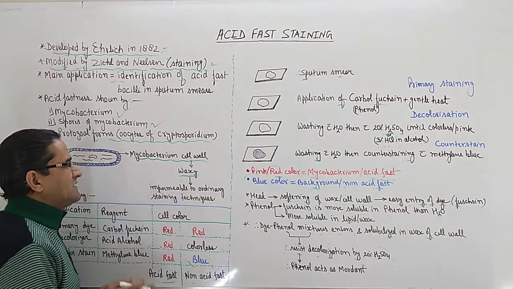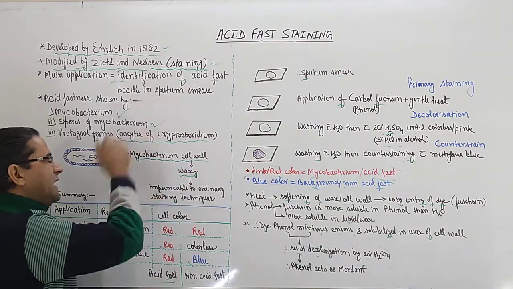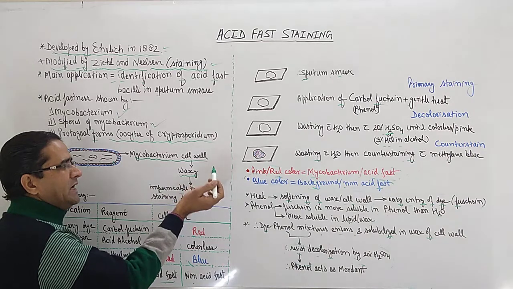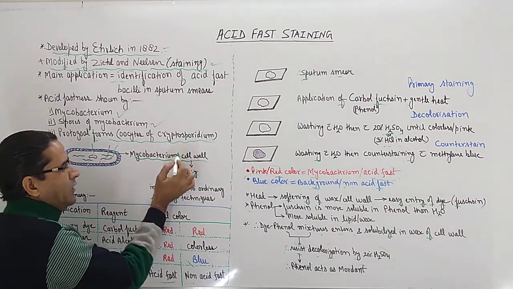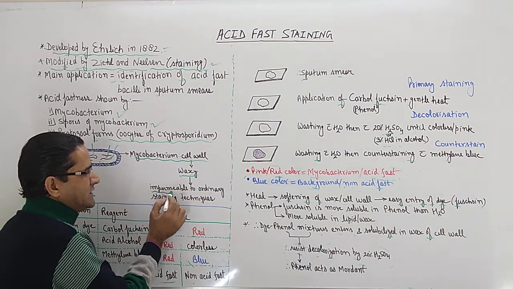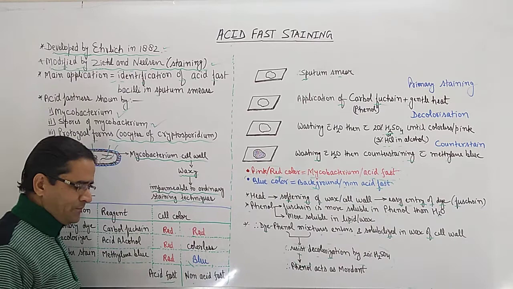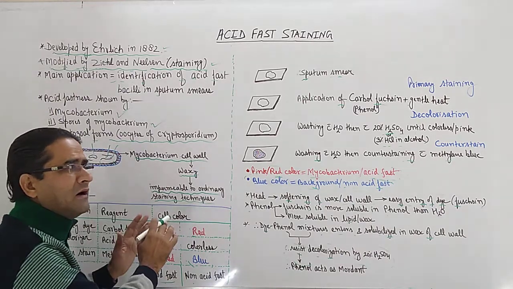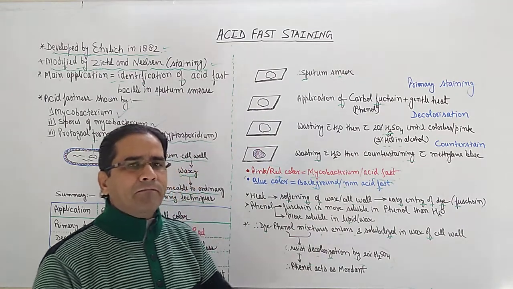Because it is waxy in nature, if we want to stain these microorganisms, the dye is not able to enter inside. This waxy cell wall is impermeable to ordinary staining techniques, and because it is impermeable, that's why we are using acid fast staining.